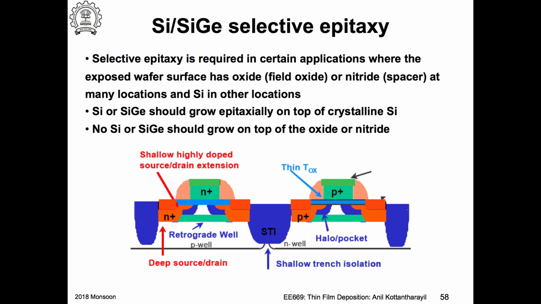What about the insulator? Meaning the rest of the regions, on the spacer, for example, on the isolation region, what would happen? Will anything grow?